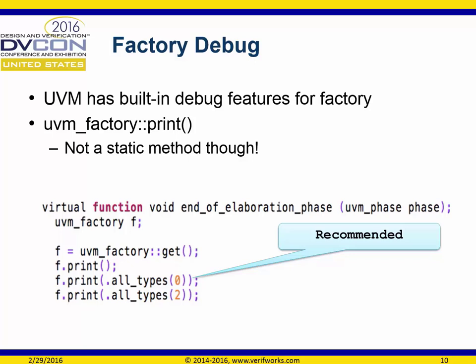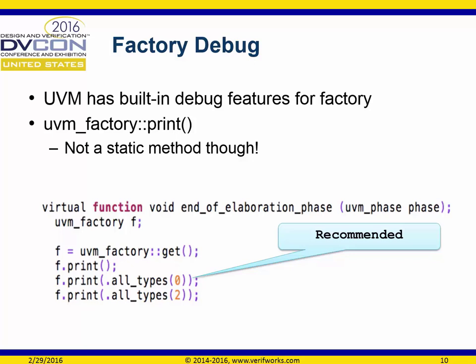What is not shown here is a 1.1 type of thing, but the 1.2 thing is very similar. You get a handle to the factory, and then you can do a factory.print. There is an optional argument called all types, which I'll cover in a minute. What that all types argument does is control the output that you see. Depending on where you are and what you're doing, you may find that output fairly useful.